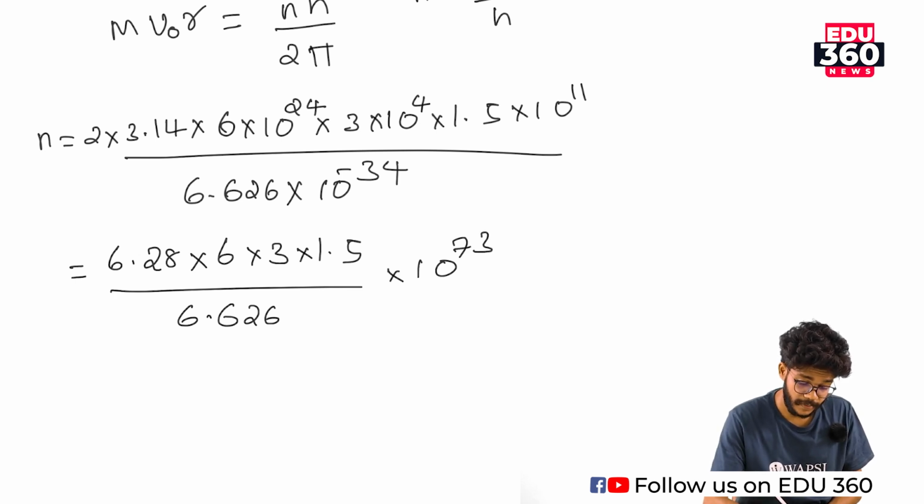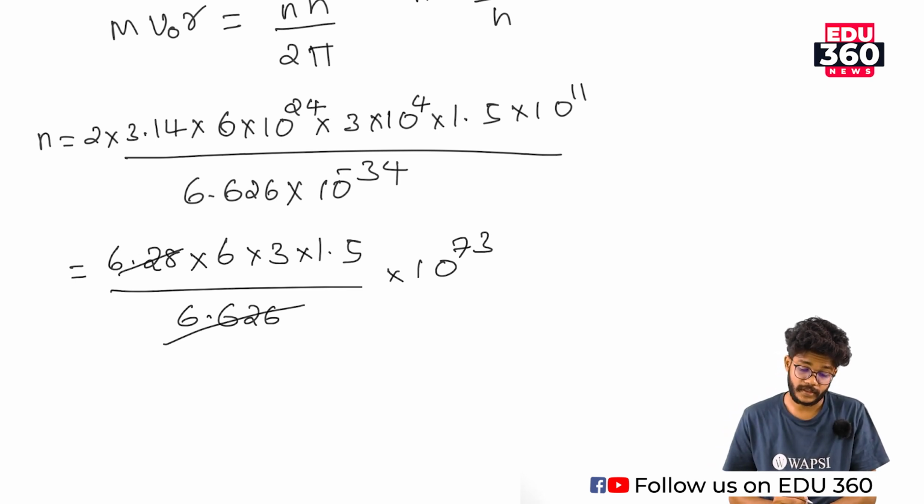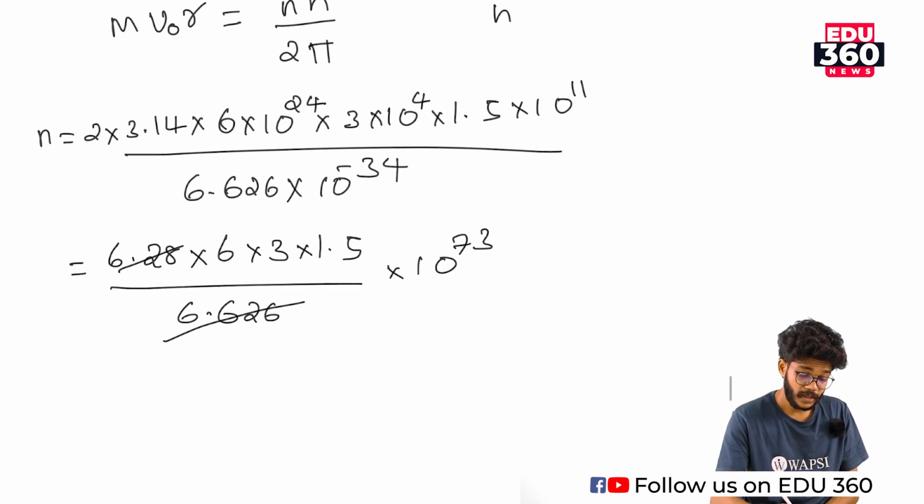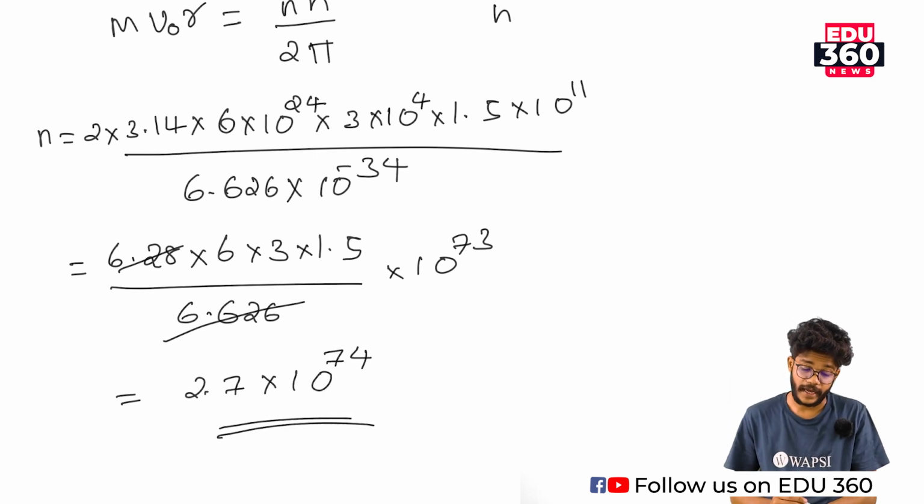Approximately, 3 into 1.5 is 4.5, 4.5 into 6 is about 27, so 2.7 into 10 raised to 74 is the approximated value.